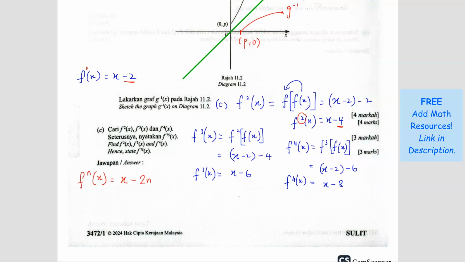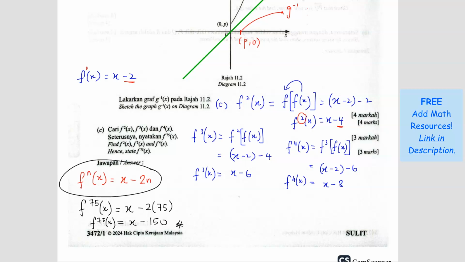Since we are looking for f to the power of 75, that means x minus 2 times 75. 75 times 2 is 150, so x minus 150. That is your f⁷⁵(x). Okay, so that's how you do it. You try to find the pattern first, then you can find the answer.